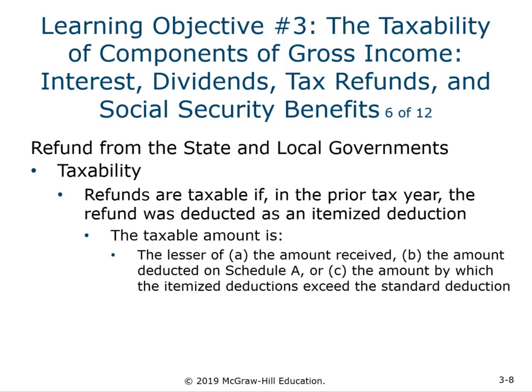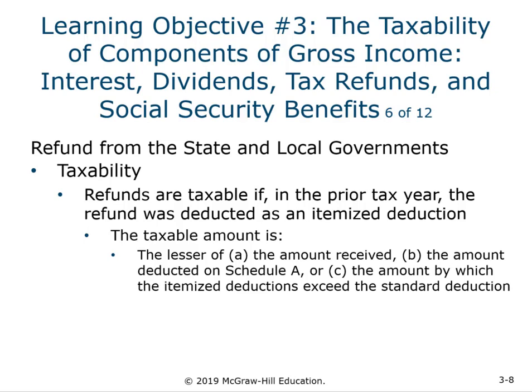So if last year itemized deductions were $30,000 and the standard deduction was $26,000, then you only got a benefit from the state taxes you paid last year for the extra $4,000, right? Because the itemized only exceeded the standard by that much. Everybody gets the standard.